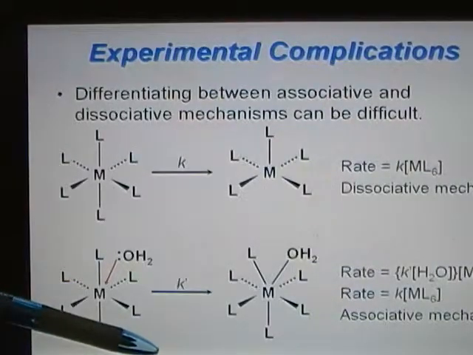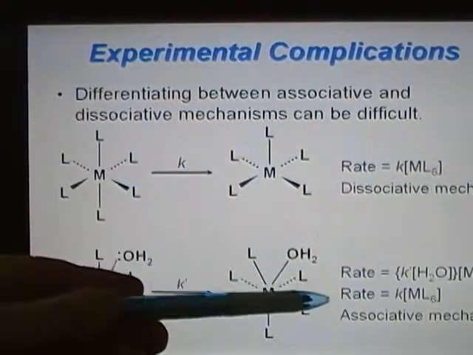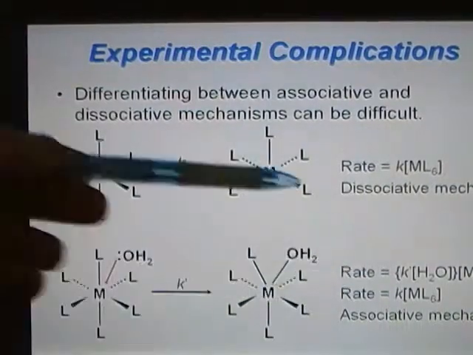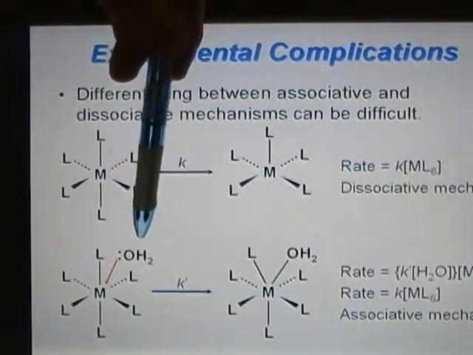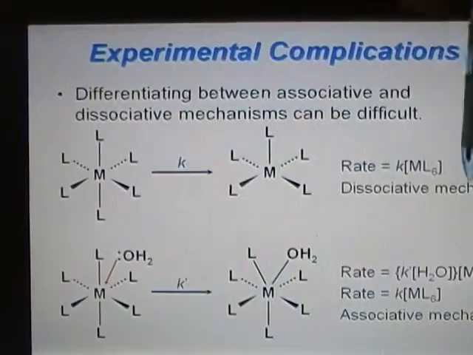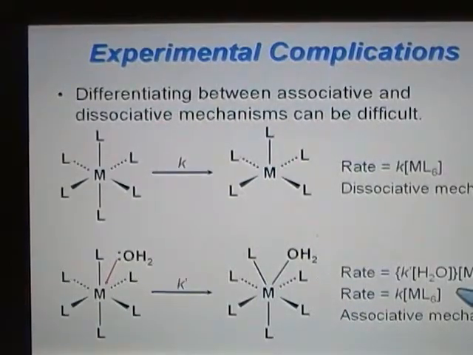If we write the rate law for this reaction, the rate is equal to the rate constant times the concentration of water, which is one of the reactants, times ML6. Soon you will see that the rate law can be simplified to rate equals k times the concentration of ML6 for the associative mechanism as well. Notice that the rate law for each mechanism is identical.